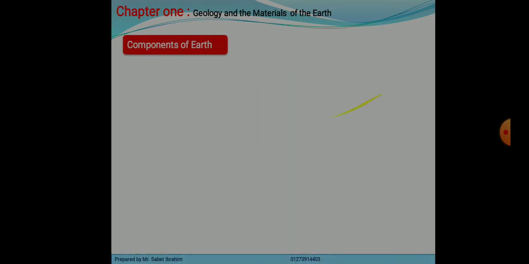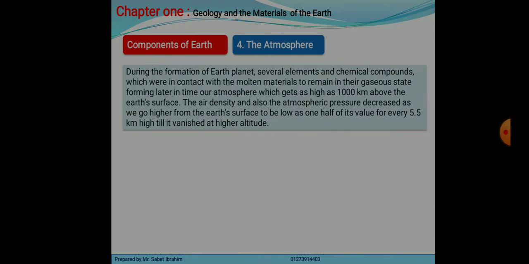Number 4 is the atmosphere. During the formation of Earth's planet, several elements and chemical compounds which were in contact with the molten material remained in their gaseous state, forming later in time our atmosphere, which reaches as high as 1,000 kilometers above the Earth's surface.